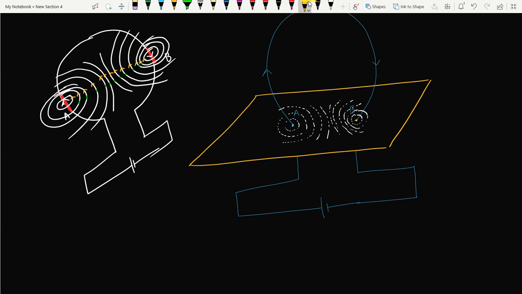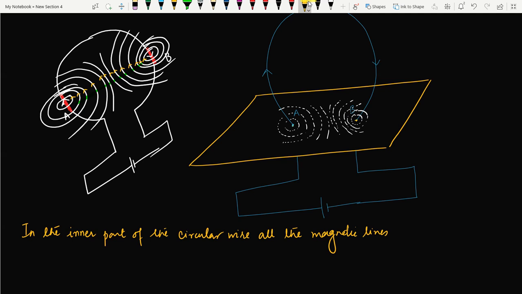So we can make a sentence like, in the inner part of the circular wire, all the magnetic lines are in the same direction.